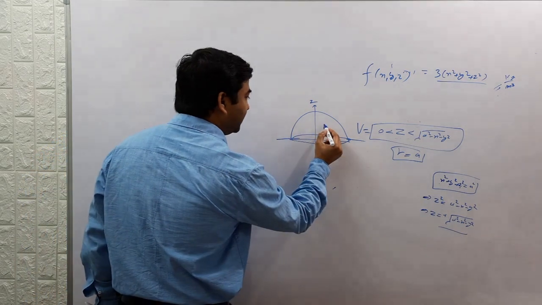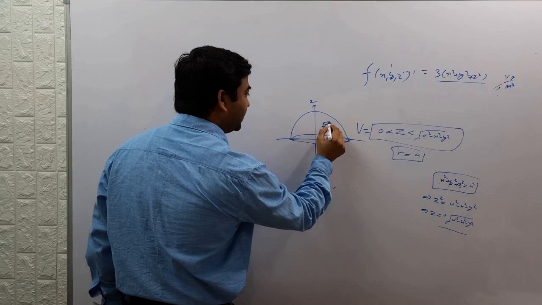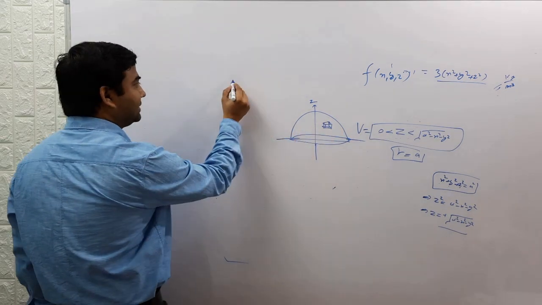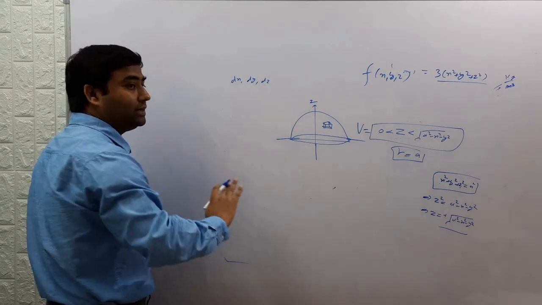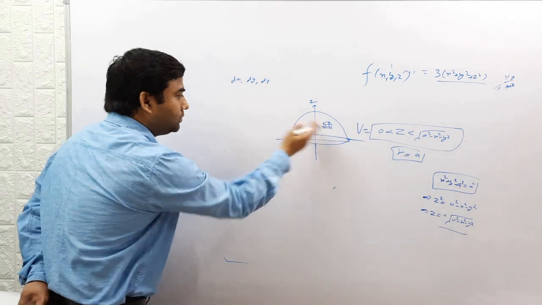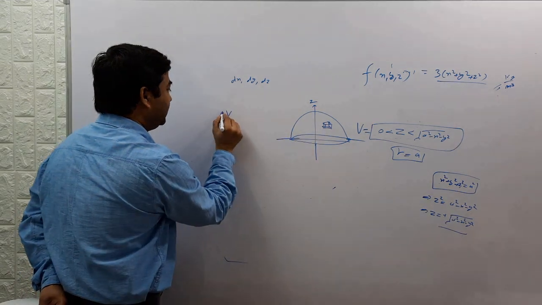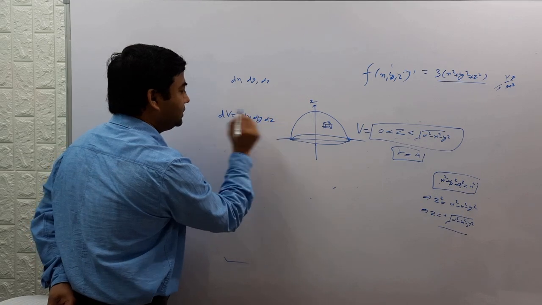So let us assume a small element of dx, dy and dz dimension in x, y, z, a small cuboid. So the volume of this cuboid is dV is equal to dx dy dz.